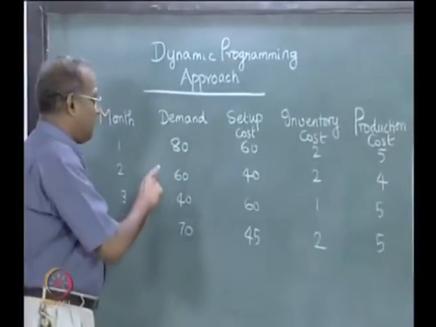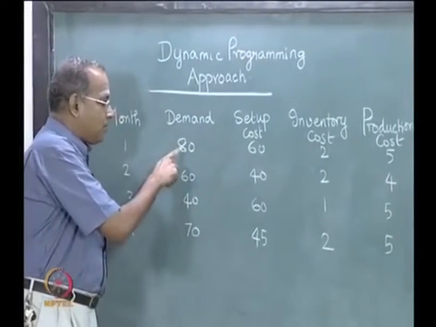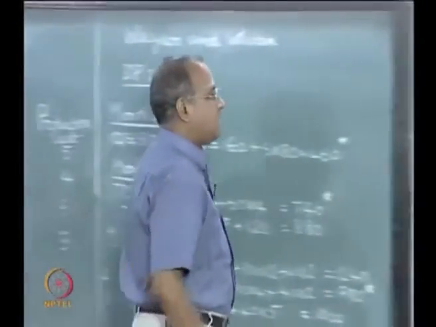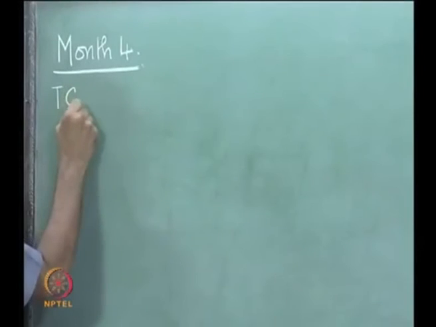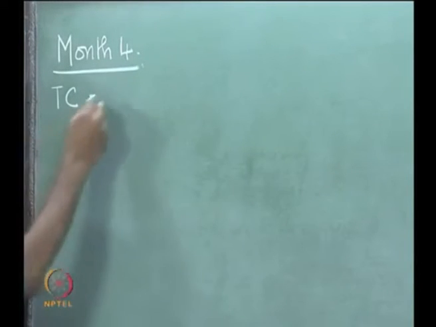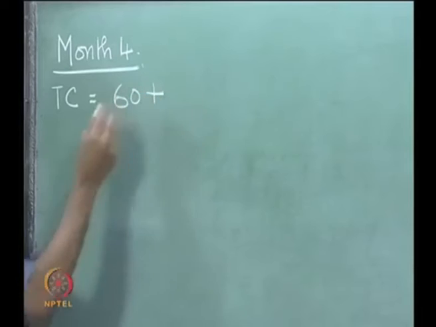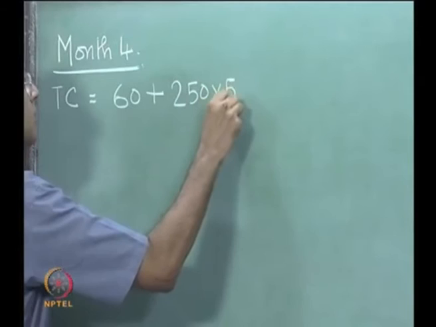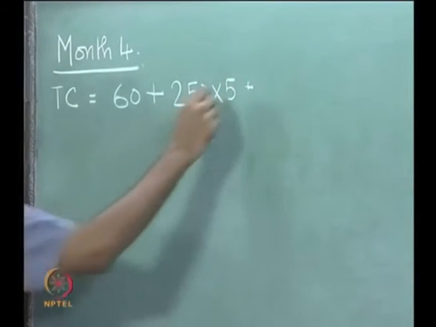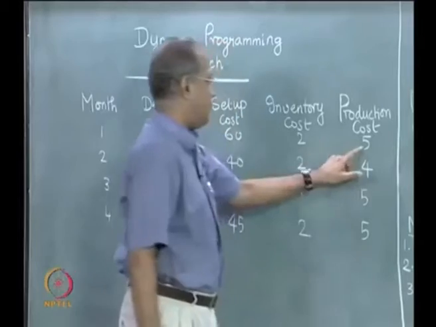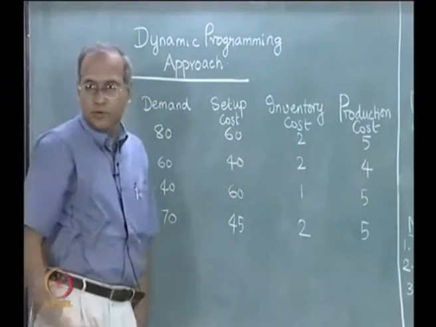So, the first one will be to have all 4. So, produce 80 plus 60, 140, 180, 250. So, TC1, first way to do it, is to produce all the 250 in the first month itself by incurring a setup cost of 60, production cost of 250 into 5, unit production cost is 5, totally 250 are produced.